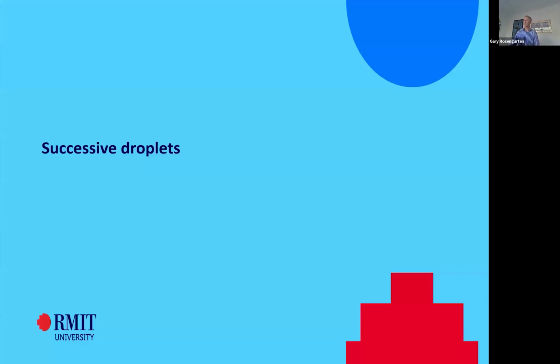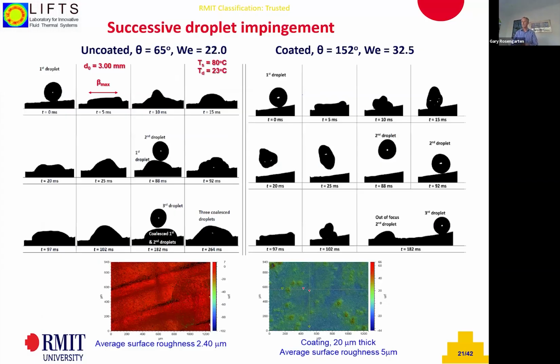So given that method, we're going to see what happens with successive droplets hitting each other on either a hydrophilic surface or a superhydrophobic surface. You saw previously that the superhydrophobic surface bounced off and the heat transfer rate on the calcium fluoride looked a lot less. We want to see what happens when you have multiple droplets. If we look at this uncoated surface thermocouple, the contact angle is about 65.